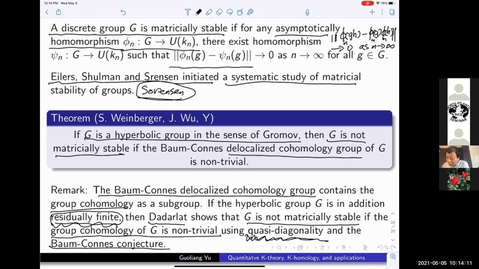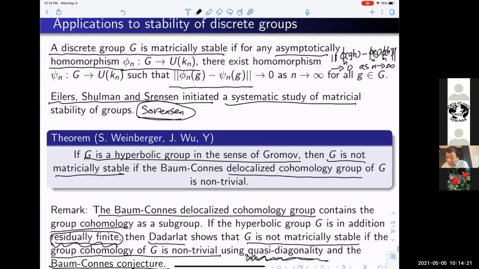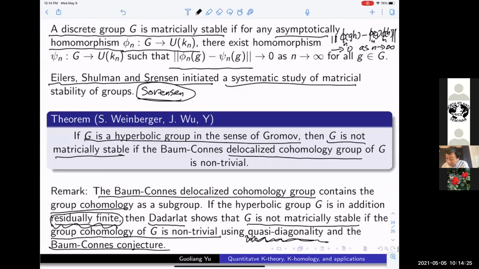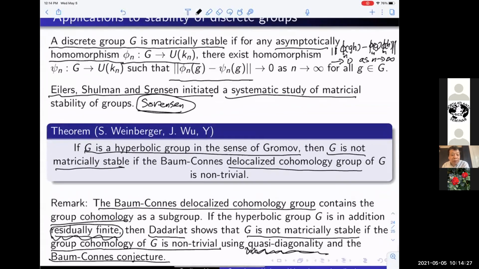So our approach is more constructive. We just use this quantitative K-homology. I thought this is an interesting connection.